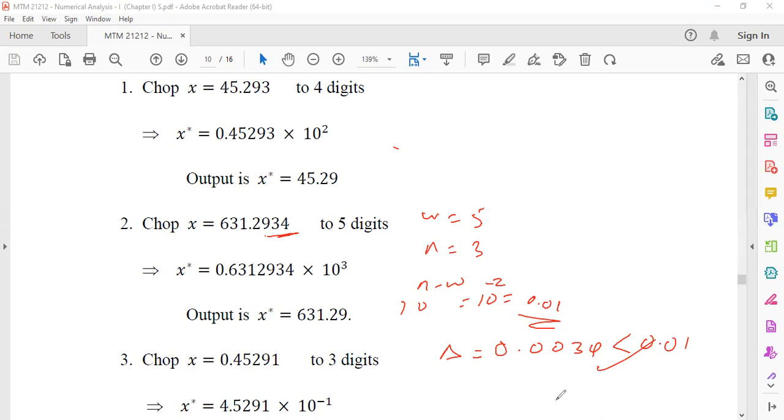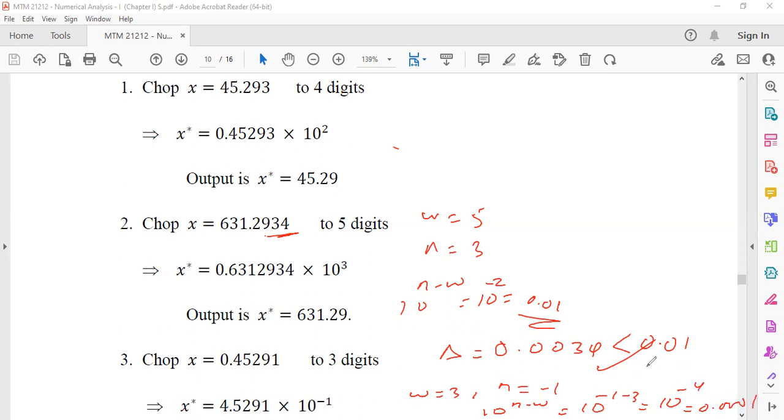Okay, third one. Third one, what is that? Yes, W is equal to 3, N is equal to minus 1. So 10 to the power N minus W is equal to minus 1 minus 3. This will be minus 4. Okay, 0.0001, like that.